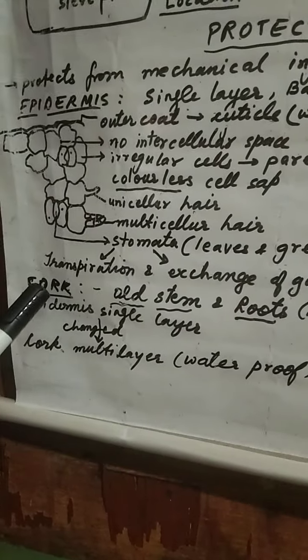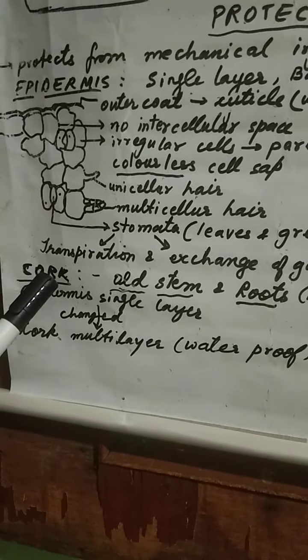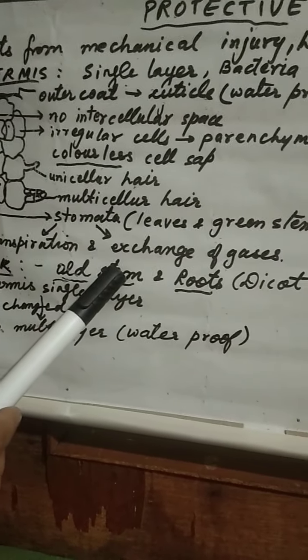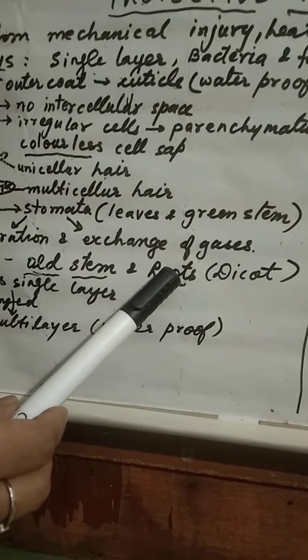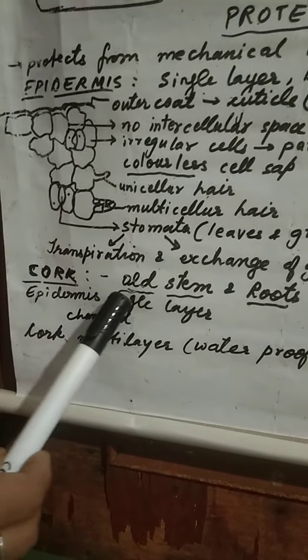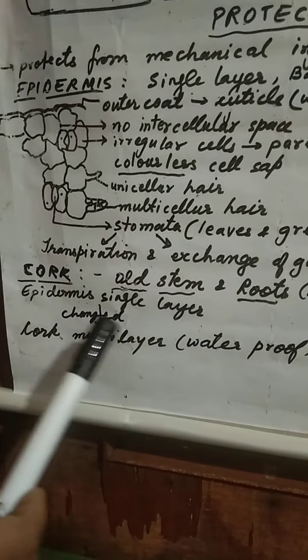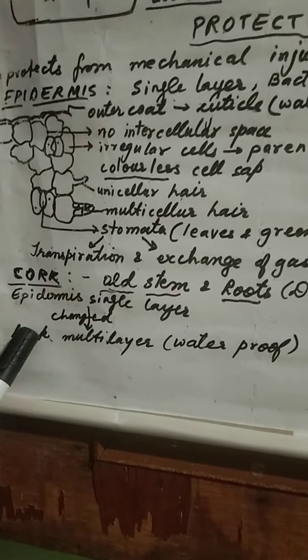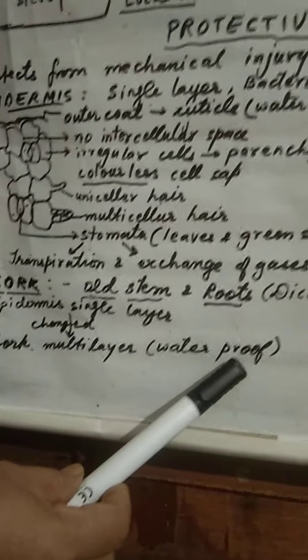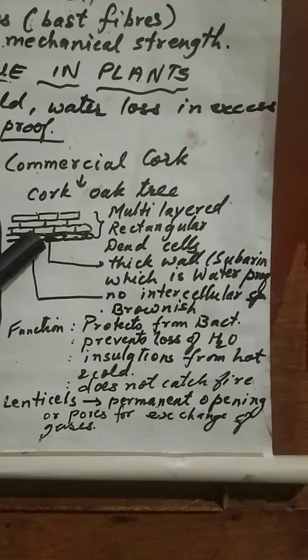The second protective tissue is called cork. This cork is generally present in the old stem as well as roots only. If you see, the epidermis single layer is changed into multi-layer cork, which is waterproof. So if you see the structure of this cork, commercial cork looks like this.